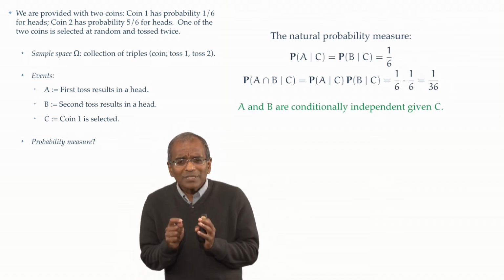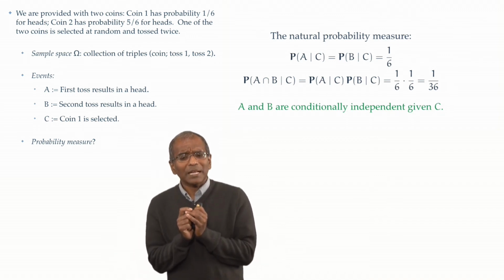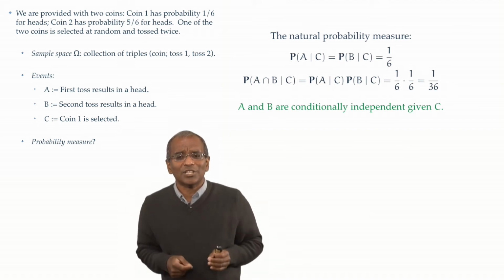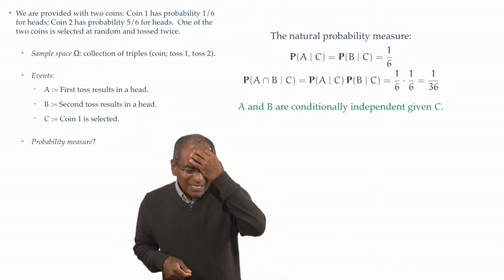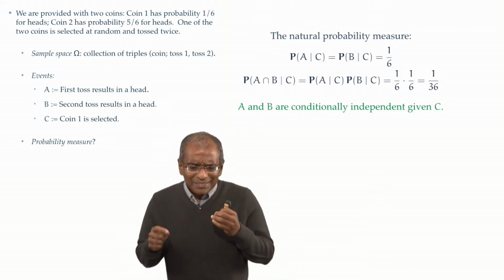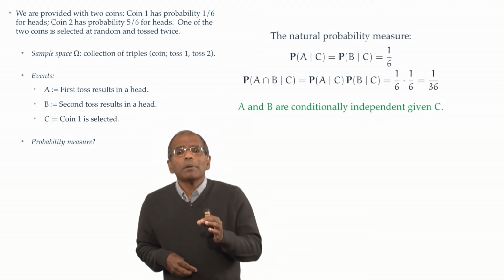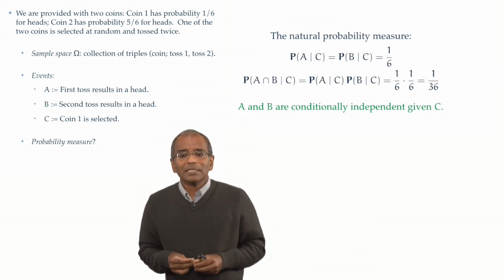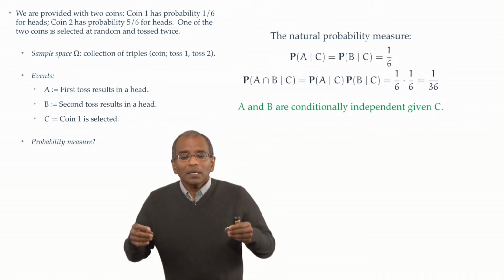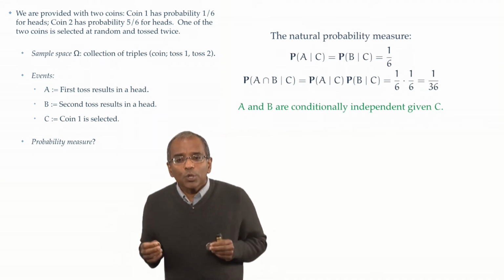Before we move on, we should pause and say, well, what can I say unconditionally about the events A and B? At the moment I start thinking about this, you realize, well, gee, we have a bit of a problem here. What is the probability of the event A that the first toss results in a head? But A says nothing about the chosen coin.